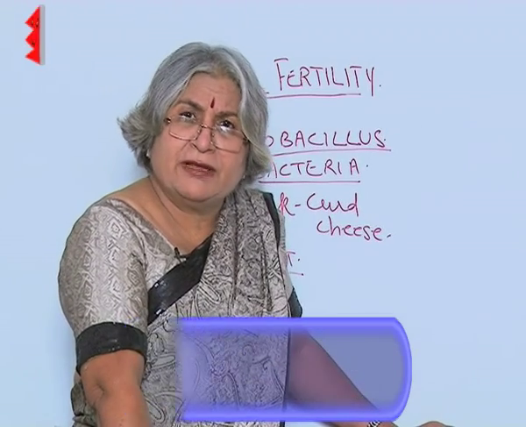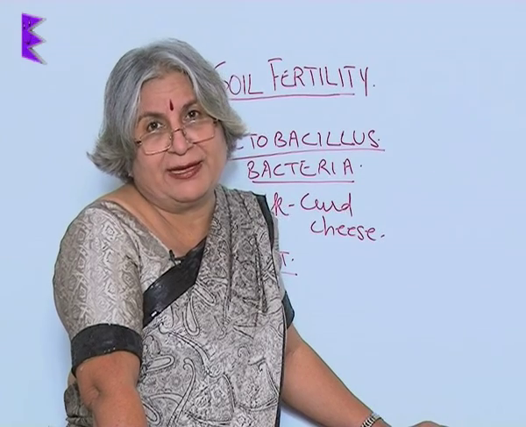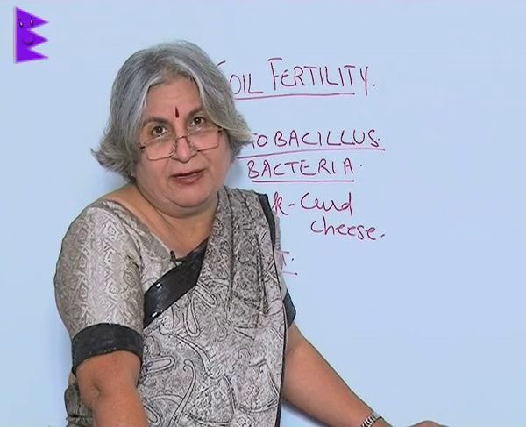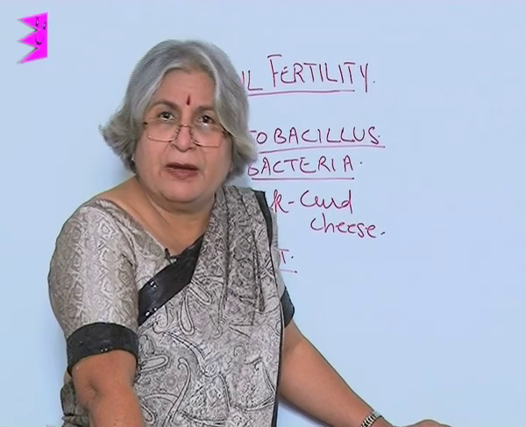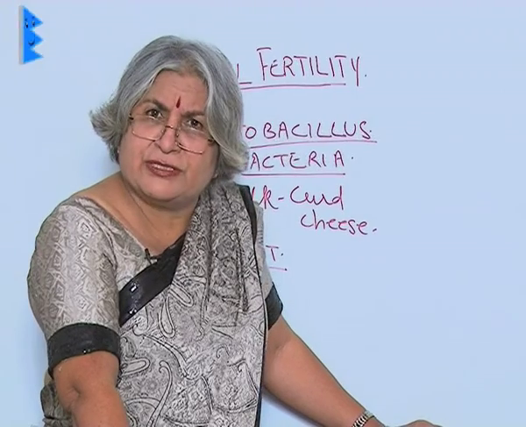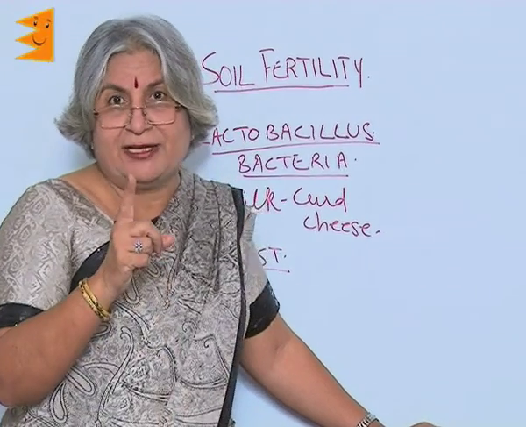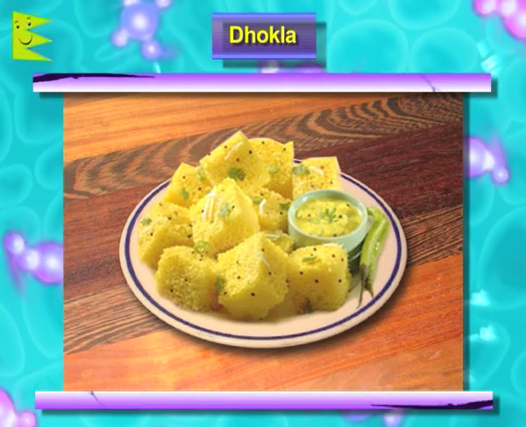Or sometimes what we these days do, we do not use yeast, but we use soda bicarb or the baking powder. Soda bicarb is sodium bicarbonate. The purpose is the same, to release carbon dioxide. Even you can use ENO. Yes, another yummy dish, the Dhokla, even that is made in a similar fashion.